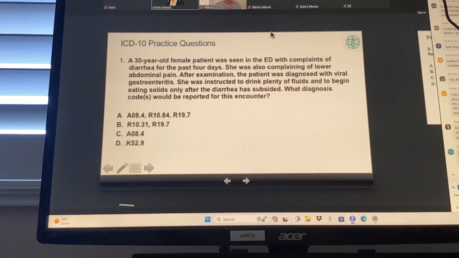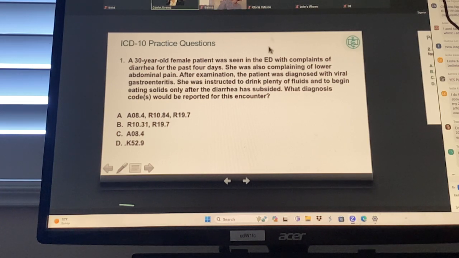So this is a question to make sure you understand associated signs and symptoms with a final diagnosis. And so here she's got complaints of diarrhea for the past 4 days and also lower abdominal pain. And after examination, she was diagnosed with viral gastroenteritis and given some advice.